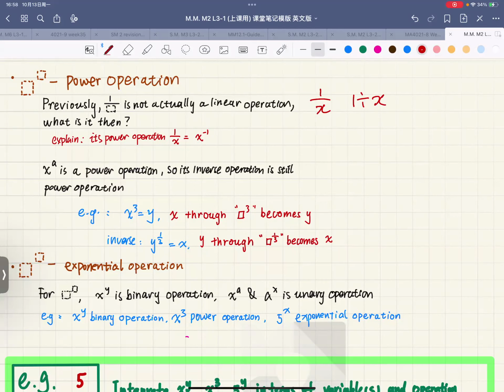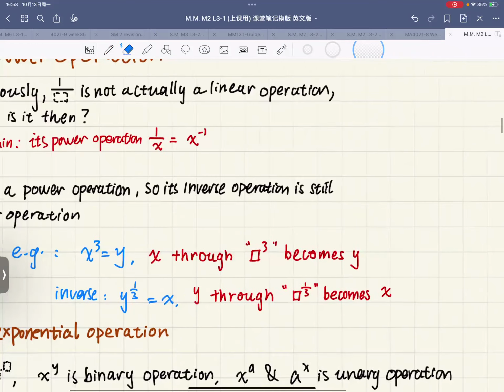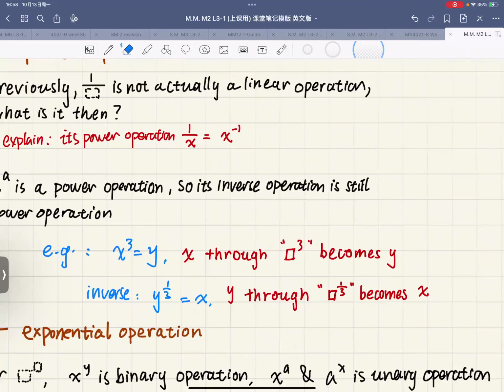X is not a constant. Is that a linear operation? No, right? So 1 divided by a variable is not a linear operation, because x is not a constant. Okay, but we can write this.